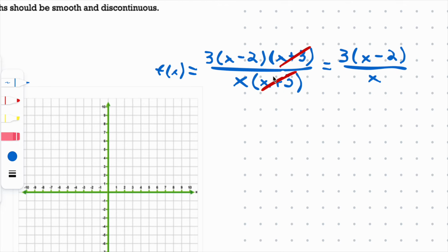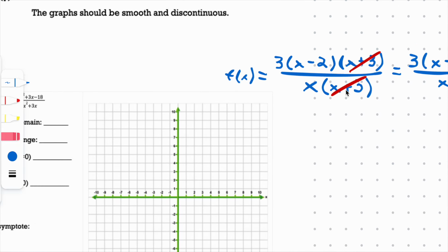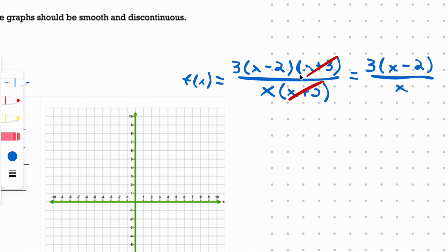And now these two functions are going to behave pretty much exactly the same, but the only difference is going to occur at -3, because we're still graphing this function, right? Because this function is our original function. But at -3, it's not going to be defined, right?